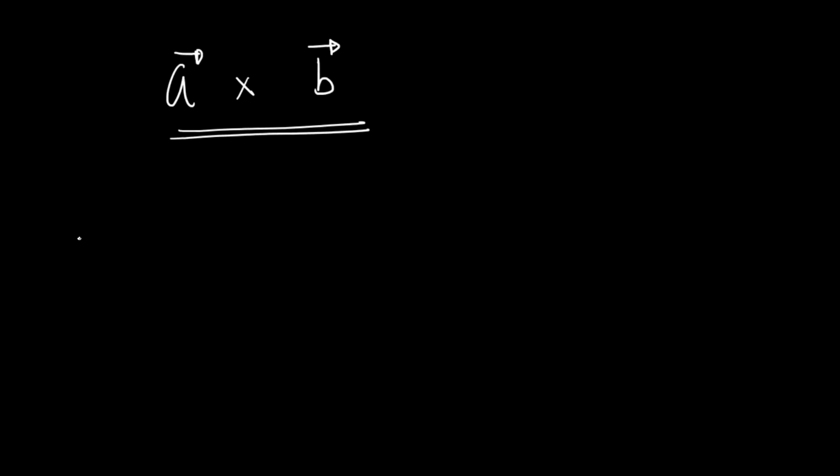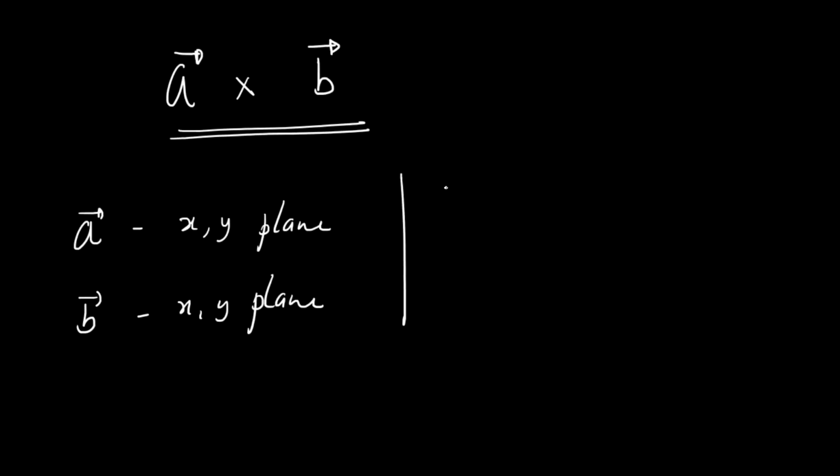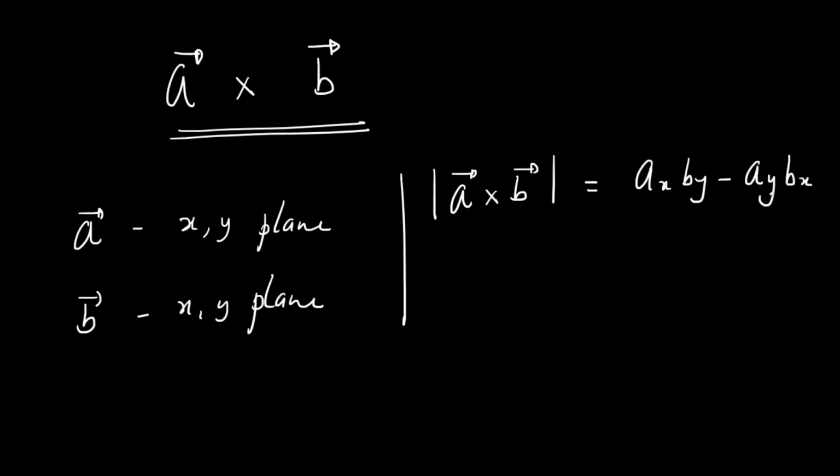So finally, one more time, if A is a vector in the xy plane, and if B is a vector in the xy plane, then A cross B magnitude is equal to AX BY minus AY BX, and the direction is in the z-axis direction.